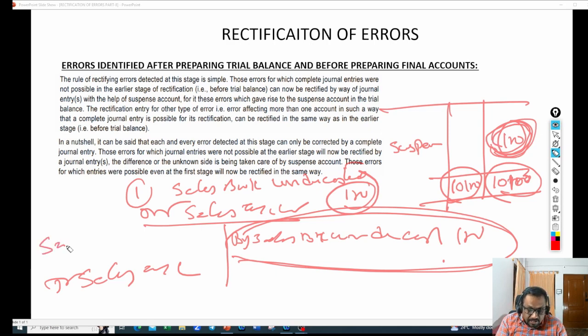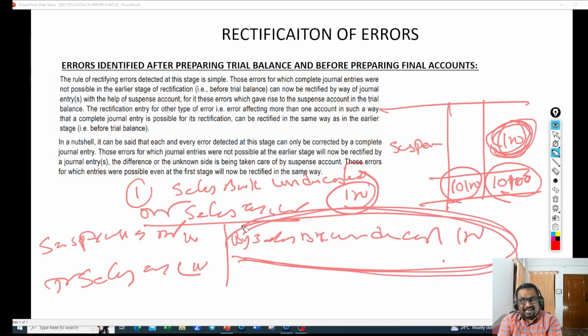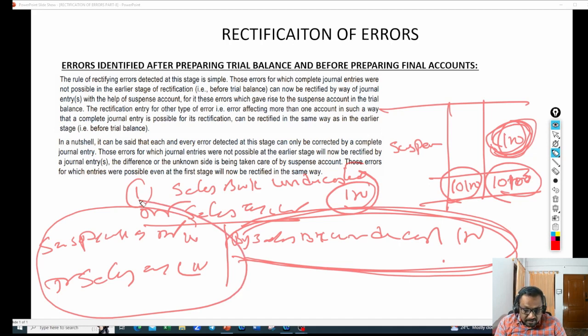So your entry is suspense account debit to sales account 100 rupees. In first stage, you just posted one single entry. In second stage, you posted suspense account debit to sales account. This is a complete entry. Are you getting my point? This is the beauty of second stage.